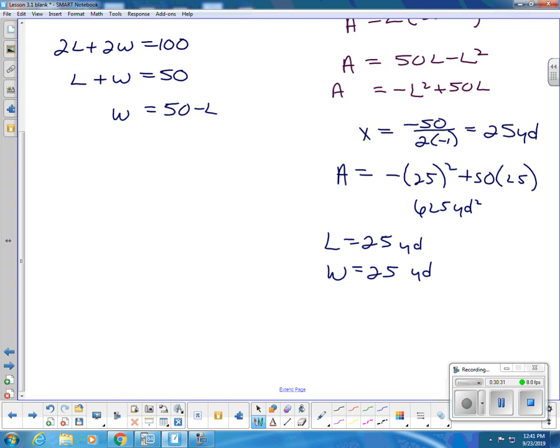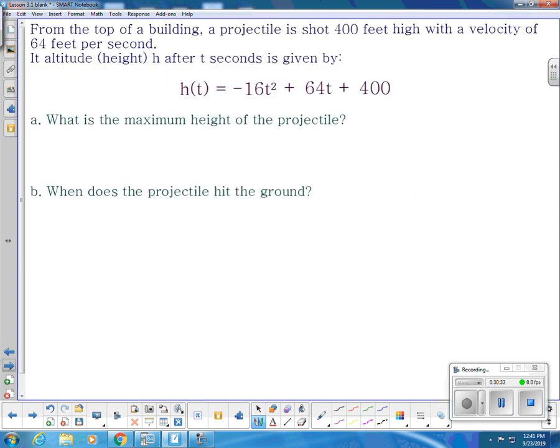Last slide. Here we go. So this is the acceleration due to gravity formula. You don't actually have to know the formula. They're going to give you things. But this is always the initial height, and this is the initial velocity. And then the negative 16 is the gravity force in feet. Okay? What's the maximum height of the projectile? They're wanting max height again. So you need to figure out what x gives you a maximum.